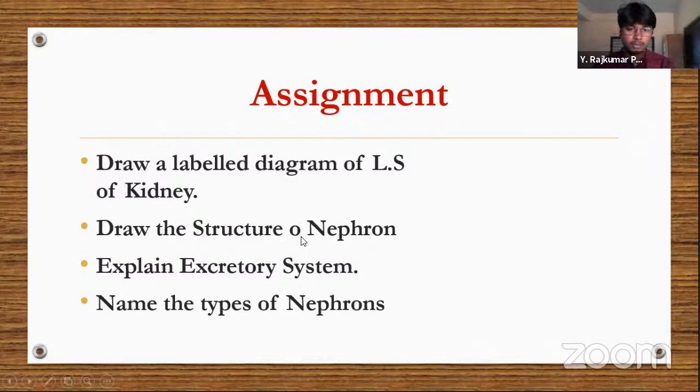Next, explain the excretory system. Here you have to draw the diagram, write the labelings, and write each of the structures. Finally, the types of nephron, which we studied as well.